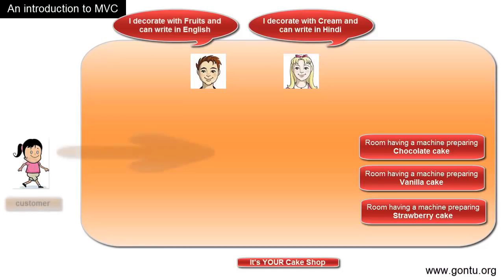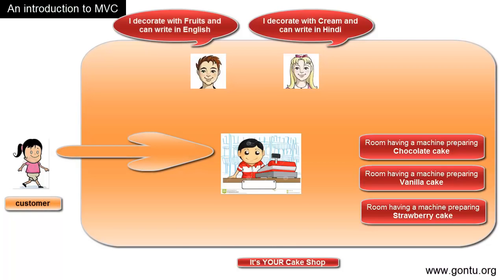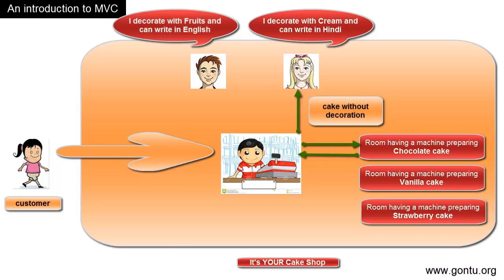Now when some customer comes to the shop, you take the request and depending on the type of cake the customer wants, you delegate the request to a specific cake maker room. And once the cake is ready and you receive it, you further pass on the cake to a specific cake decorator as per the customer's choice.